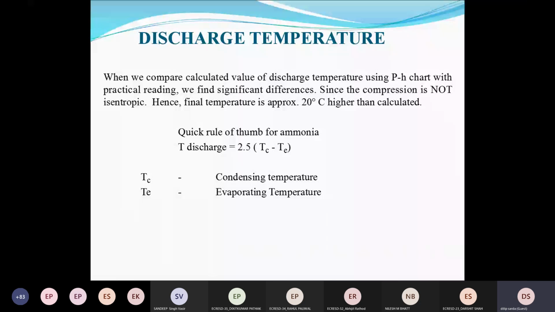If you see any book on refrigeration, you'll find this. A quick thumb rule for ammonia: T discharge is 2.5 times (TC minus TE), the difference between the condensing temperature and the operating temperature. The 2.5 times is mentioned for ammonia.